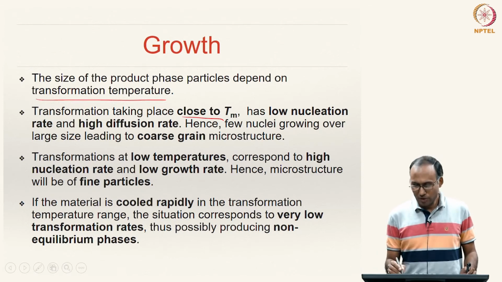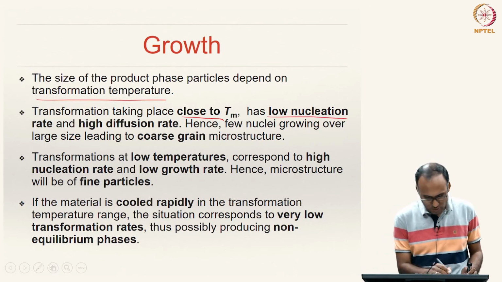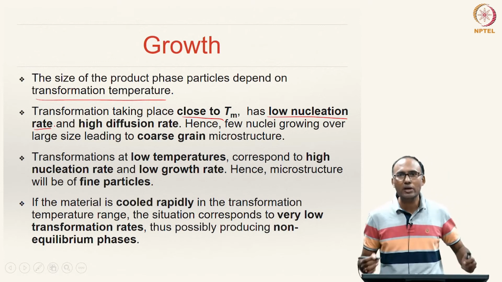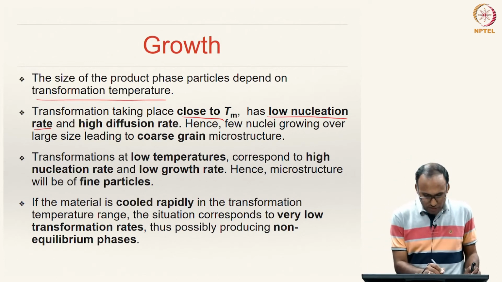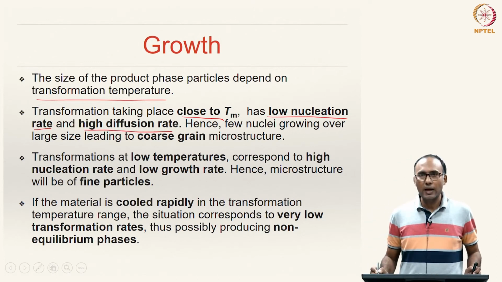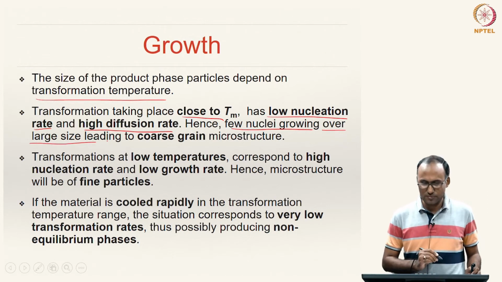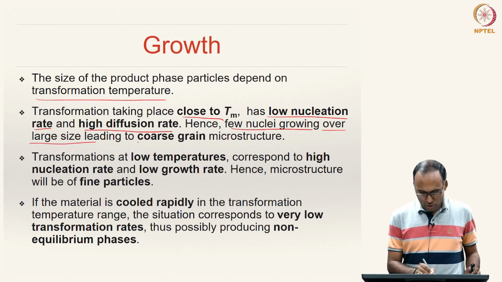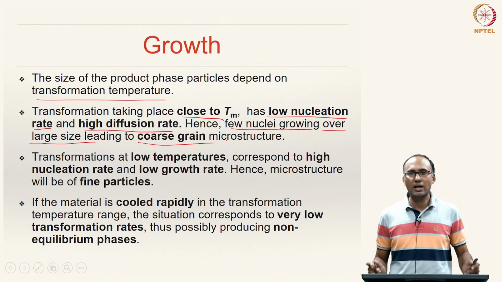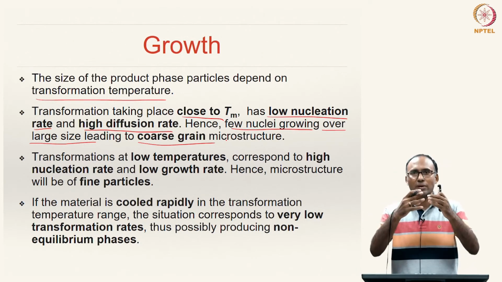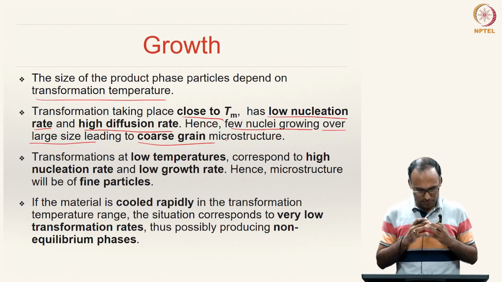As a result, you have a low nucleation rate, so the number of stable nuclei is small, but a very high diffusion rate. Hence we have few nuclei growing to a large size, giving a coarse grain microstructure, because you have very few nuclei, but all of them grow over larger distances because of the higher diffusion rate.